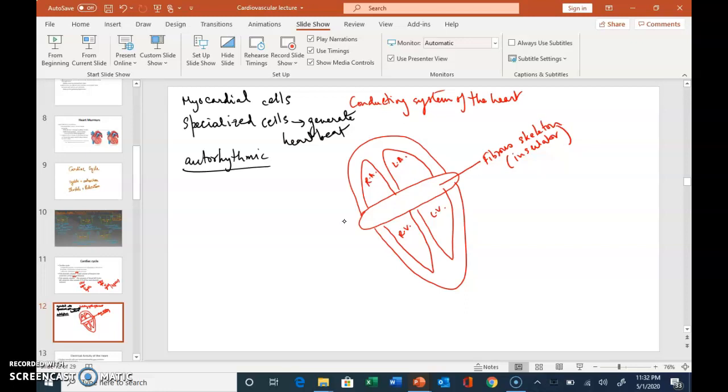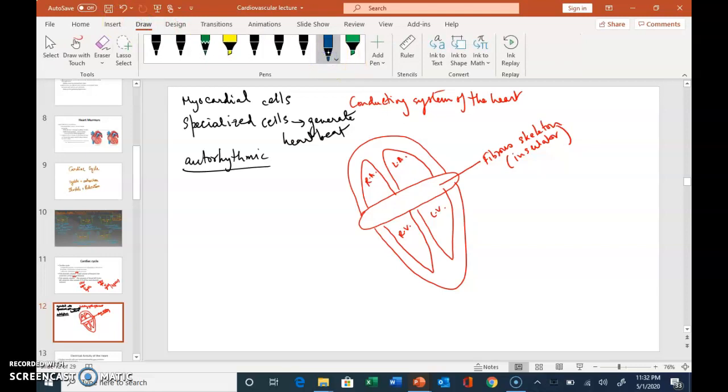So where are these specialized cells? Well, we have these specialized cells in groups or patches. First, in the posterior superior part of the right atrium, we have a patch of these specialized cells, and this forms our sinoatrial node, also known as SA node, also known as the pacemaker of the heart.